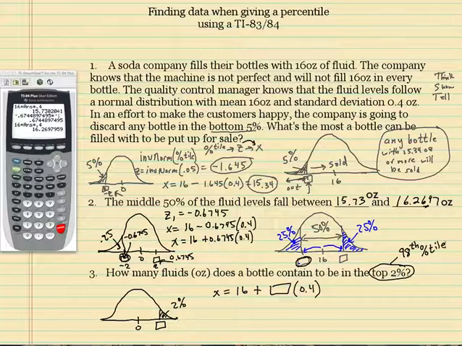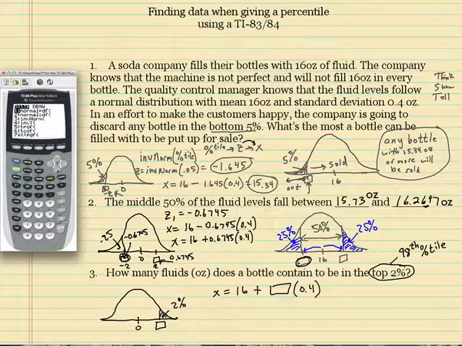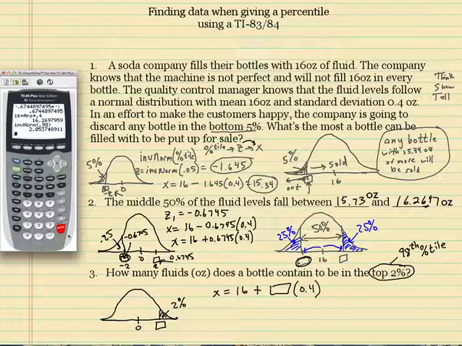So when I do my inverse norm, I'm going to go ahead and put 0.98. You could put 2% in there, but the 2% is going to give you a negative z value, and you just need to take the positive one. Or you just do it the correct way, which is to do the complement of that, which is 2.05.